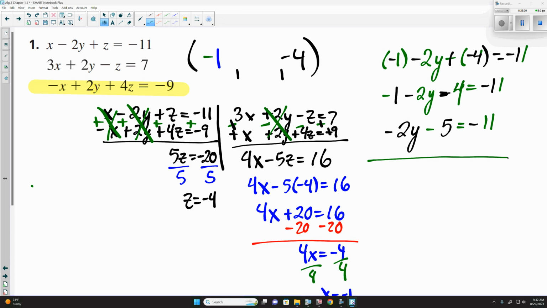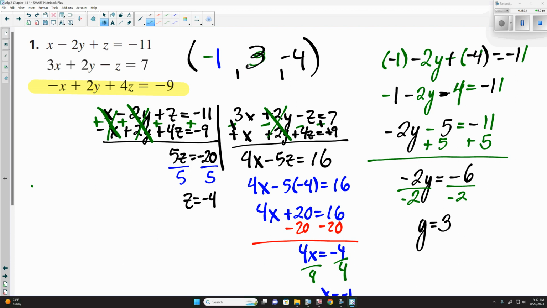Our next step is to add 5 to both sides, telling us negative 2y is equal to negative 6, and last but not least, we're going to divide by negative 2, and y is 3. So negative 1, 3, negative 4 is our solution, and that is it.